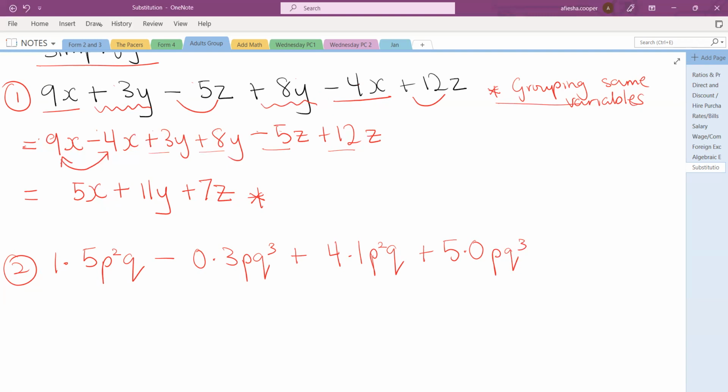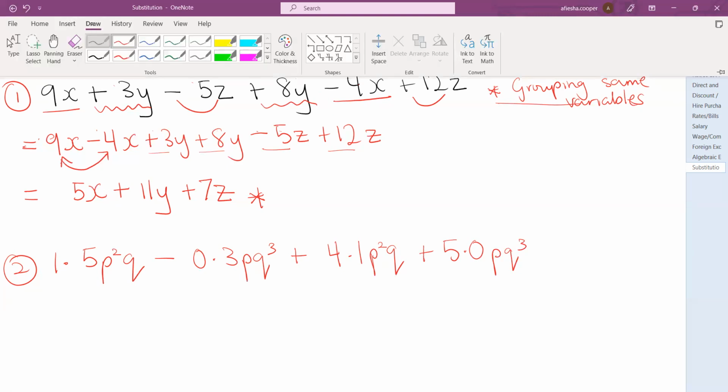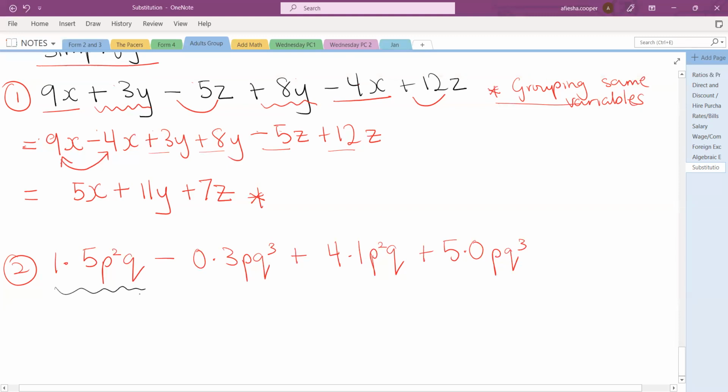So we see that they are different variables, so we have to group them. The first variable is p squared q, so we look for p squared q again, and we found it here, right? So that's what we're going to write first. 1.5 p squared q, add 4.1 p squared q, and then we go on to the others.